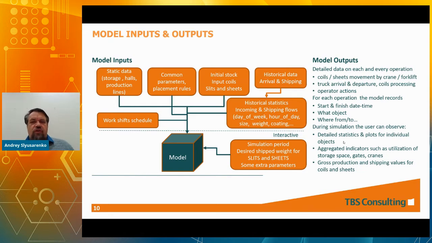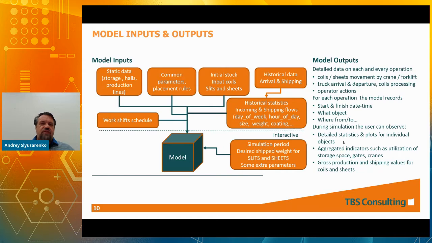Then, of course, we need some initial stock values for input coils, for slits and sheets as well. Then we need historical data of arrival and shipping, but this data was not used directly.